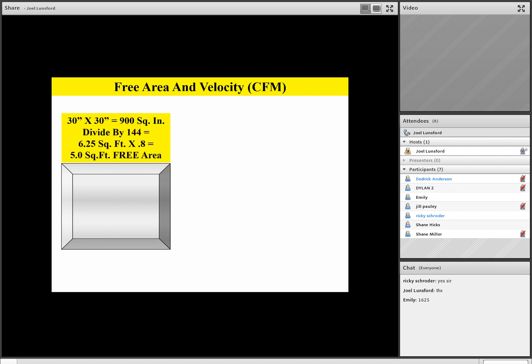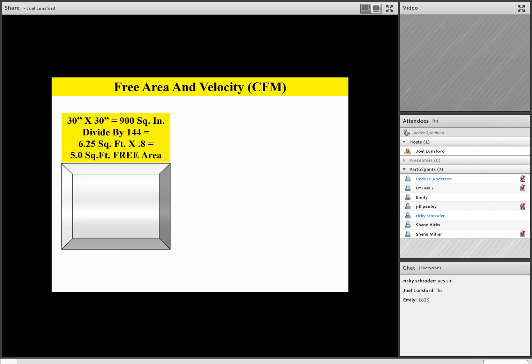In this example, 6.25 square feet. But now remember, we have to take into account 80% efficiency on that grill. So we take that 6.25 square feet and multiply times 0.8 to get a free area of 5 square feet. So that 30 by 30 grill actually has a free area of 5 square feet that air can actually move through.